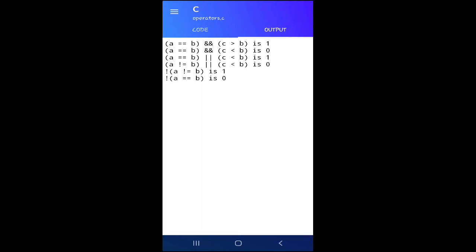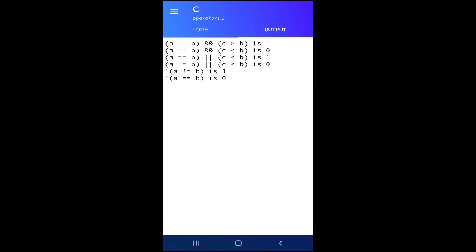And in the third, a equals b or c less than b. Here a equals b is true, so if any one condition is true, we will get 1. So we got 1. And a not equal to b is false, and c less than b is also false, because c is 3 and b is 2, so we got 0.